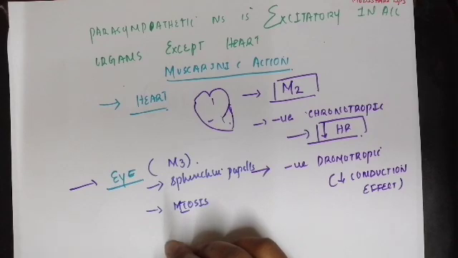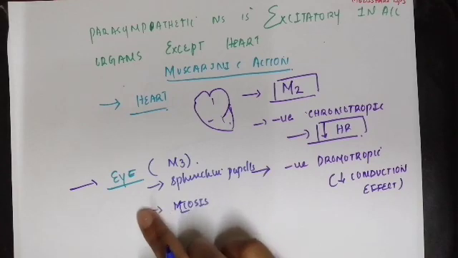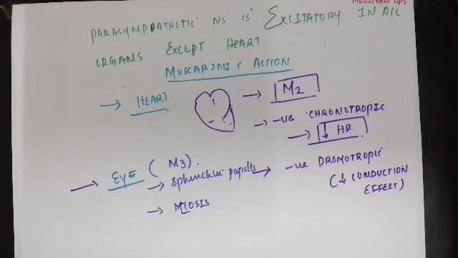So if you are using anticholinergics, the heart rate will increase. Here also in the eye, if you are using anticholinergics, the pupils will dilate. What is the effect of cholinergics in the eye? If you use cholinergic drugs in the eyes, typically it will cause constriction of the pupil. That is the effect on the eye.